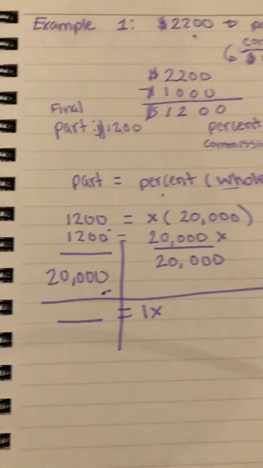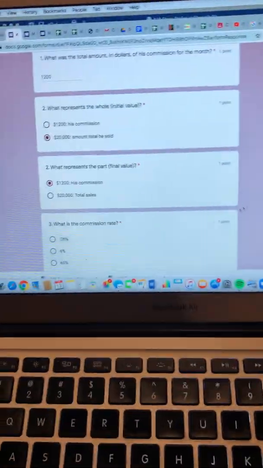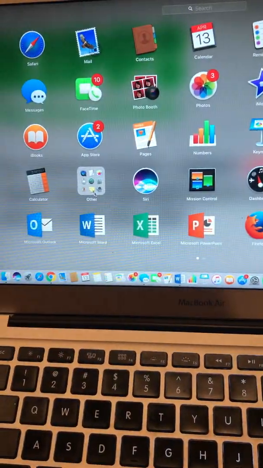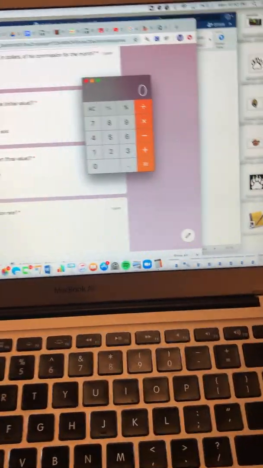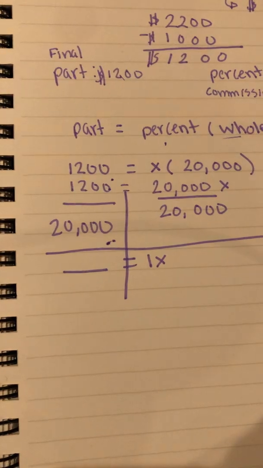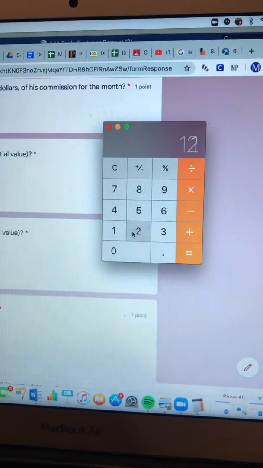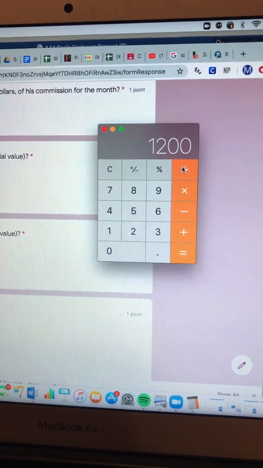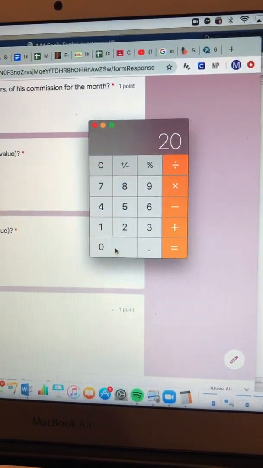So if I were to put this in the calculator, let's pull up my calculator. If I have 1,200 divided by 20,000, I'm going to write 1,200 divided by 20,000.